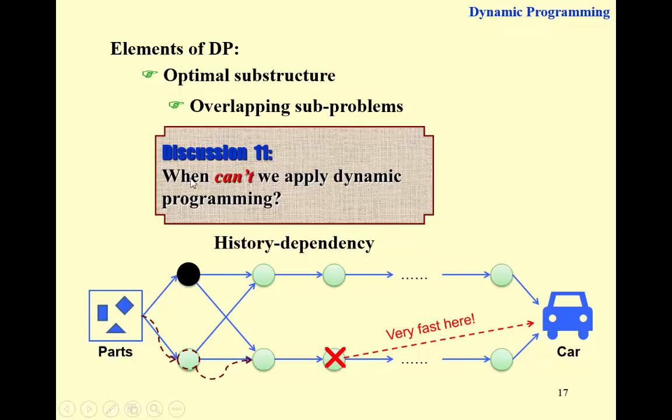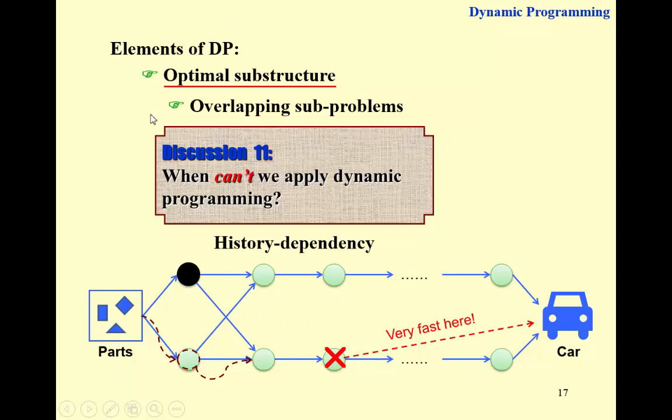And if we apply dynamic programming at this stage, we must pick this path because this is the current optimal solution. However, if we decide to pick the optimal solution for this stage, we are not going to be able to go through this faster track. And therefore, we're going to be missing the real optimal solution. So this optimal substructure is the first key to apply dynamic programming.